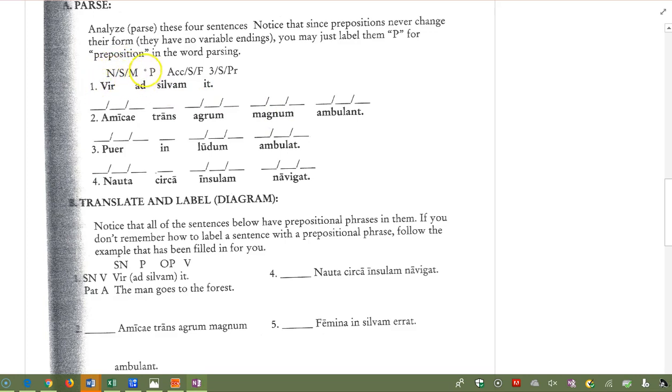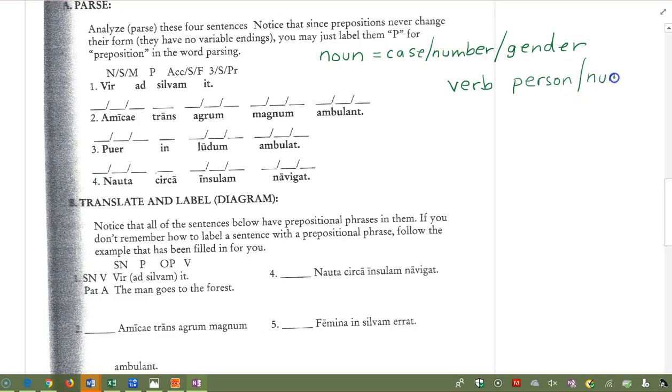So remember, if we're parsing a noun, we're giving case, number, and gender. And if we're parsing a verb, we're doing person, number, and tense. Tense is time. So that will help us.